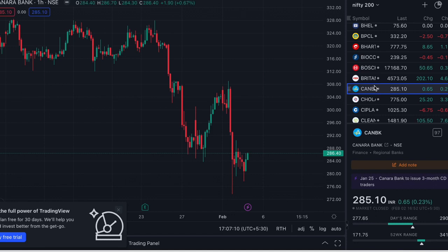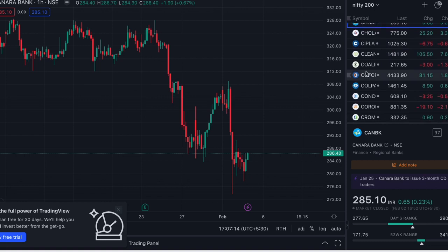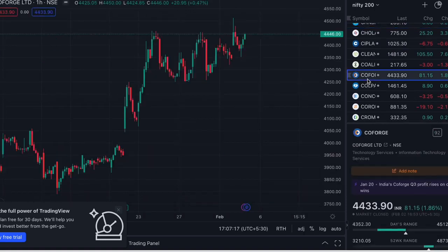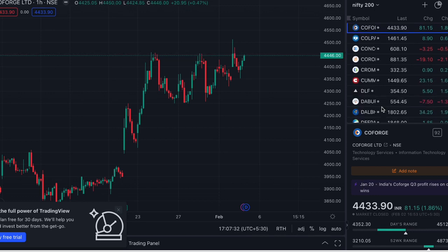Canara Bank, the price is coming down, so currently there is no substantial break above the previous high. Coforge, there may be a break above this particular level, but we need to wait. Currently we do not have a level break over here.